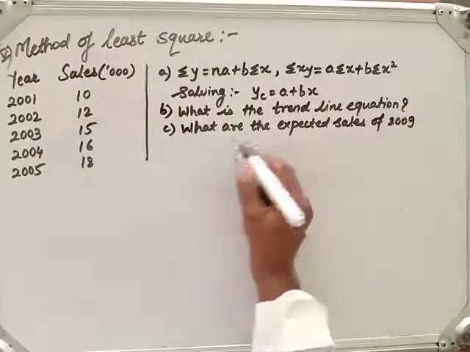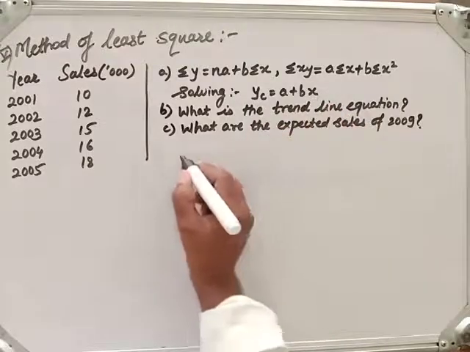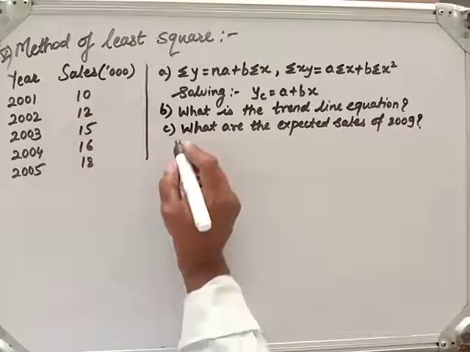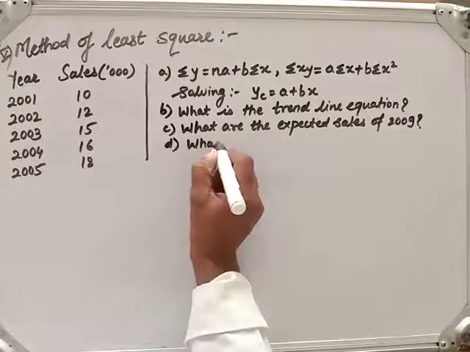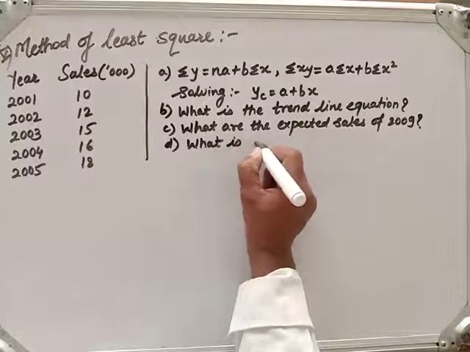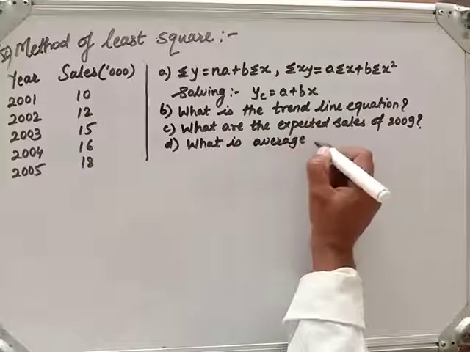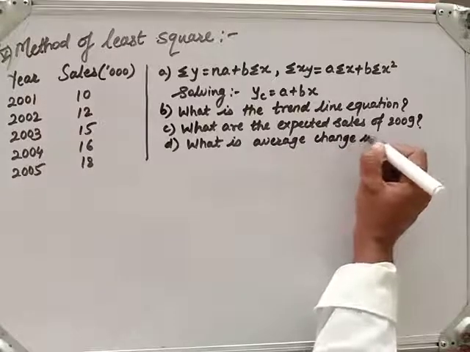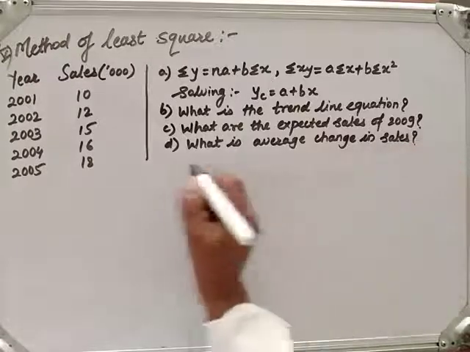If we know the trend line, we can put any x to get y. Years are nothing but x and sales is nothing but y. Next question, what is the average change in sales?